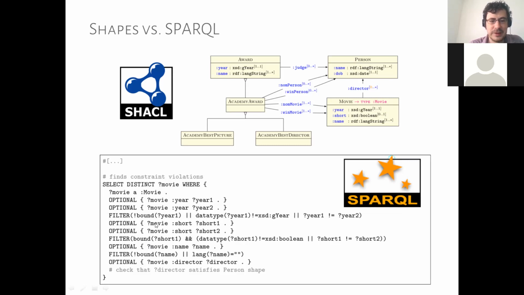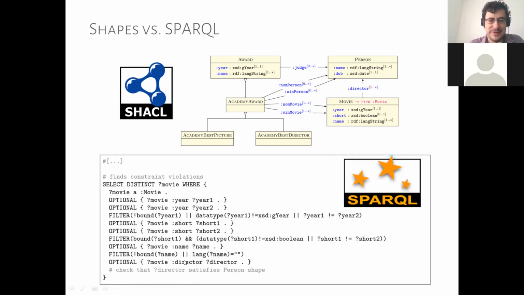So here we can return movies that somehow break the constraints that we have here. This is not complete, by the way. We'd have to check that the director satisfies the person shape.